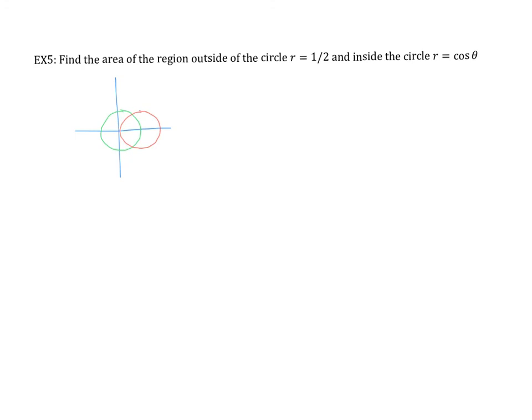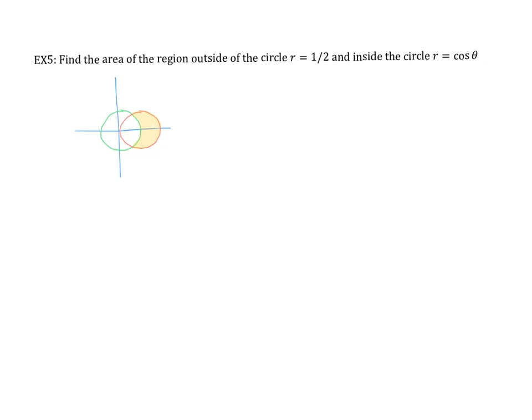We're looking at this region. All right, so this is where in the formula it had an f of theta squared minus a g of theta squared. In this case, we have to determine the outer and the inner function as we're integrating.